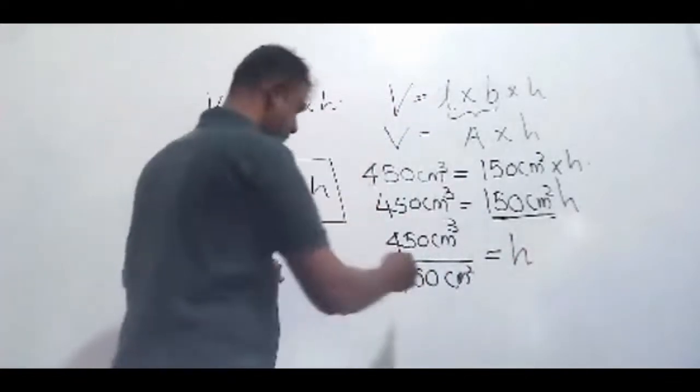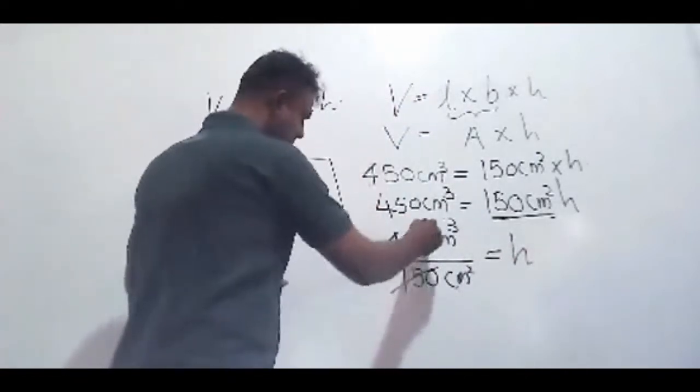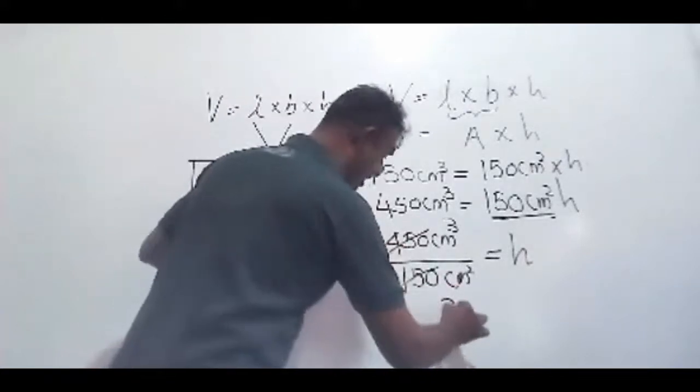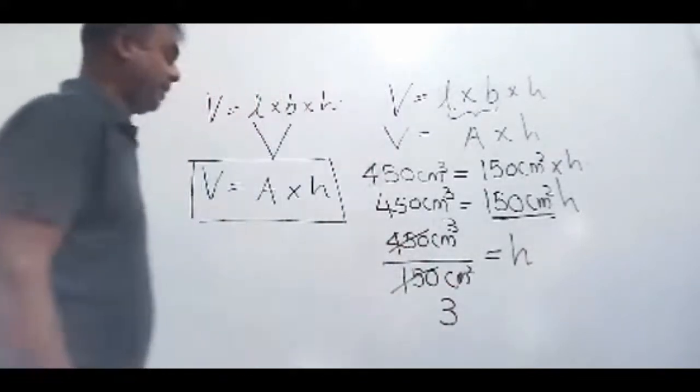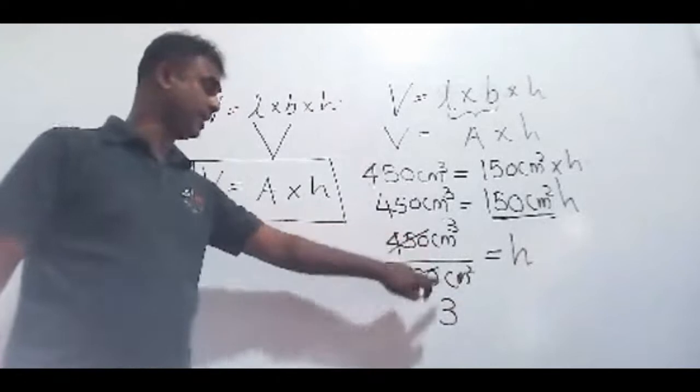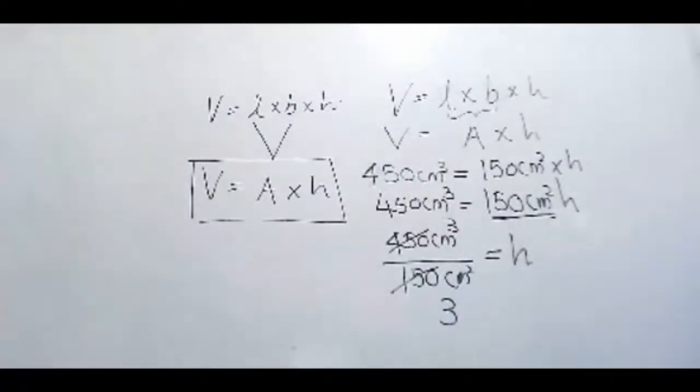Then see, 450 and 150, and 3. This is cubic centimeters, this is square centimeters. Taking only those two, the indices are cm to the power of 3 and cm to the power of 2.